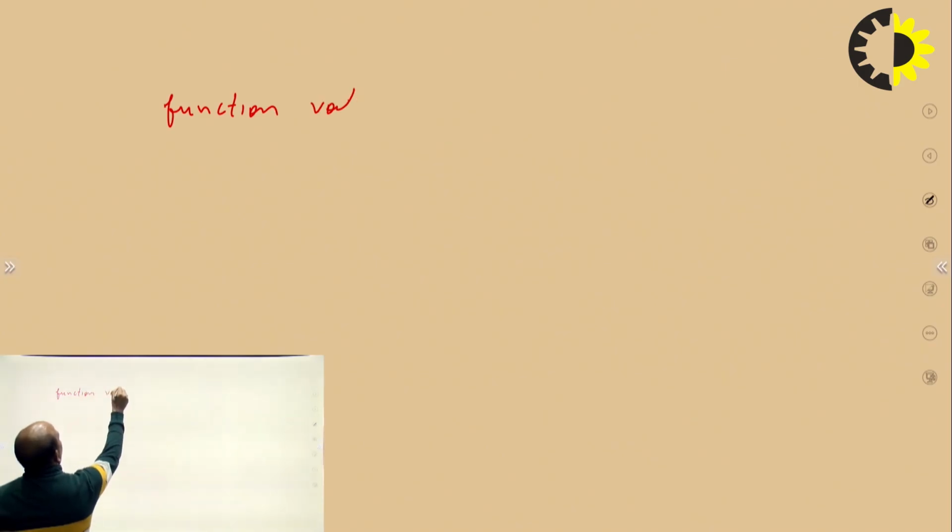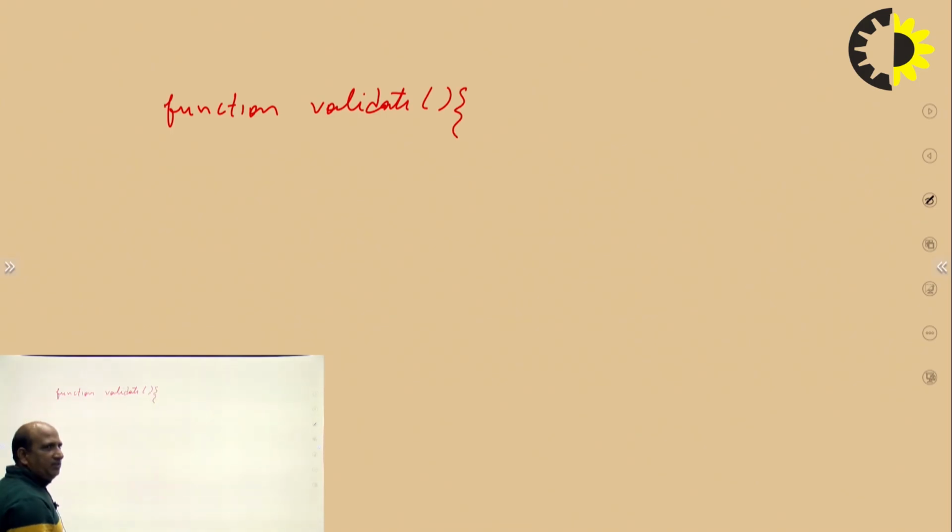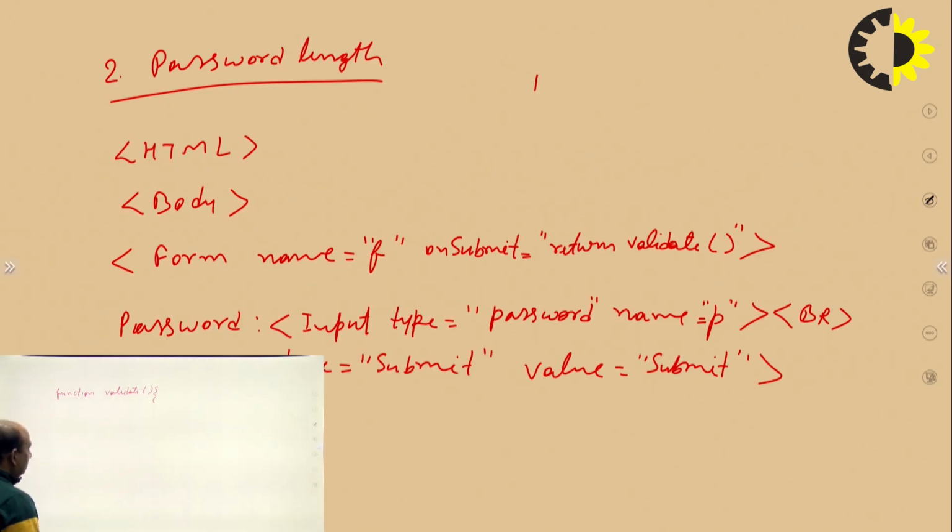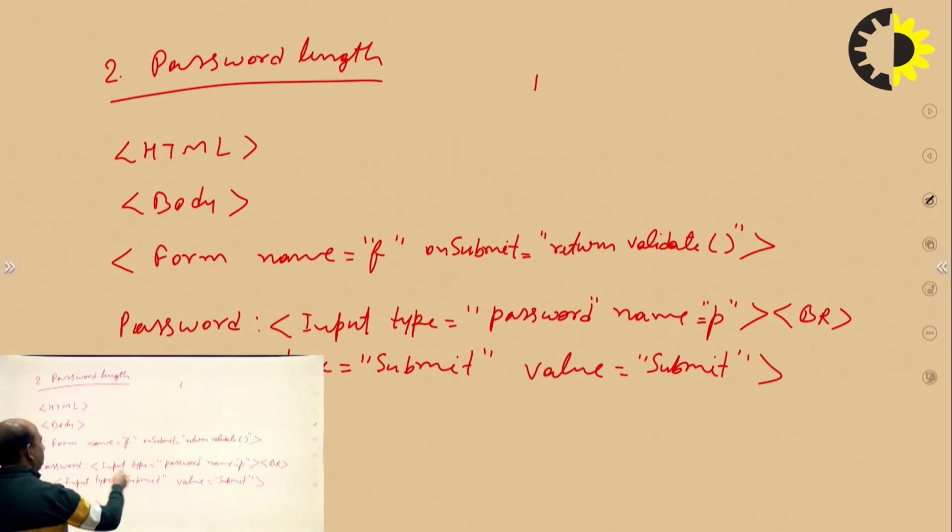So for that I am creating the same function name, function validate, and in this validate function I will access the password field that I have just created, and access its value.